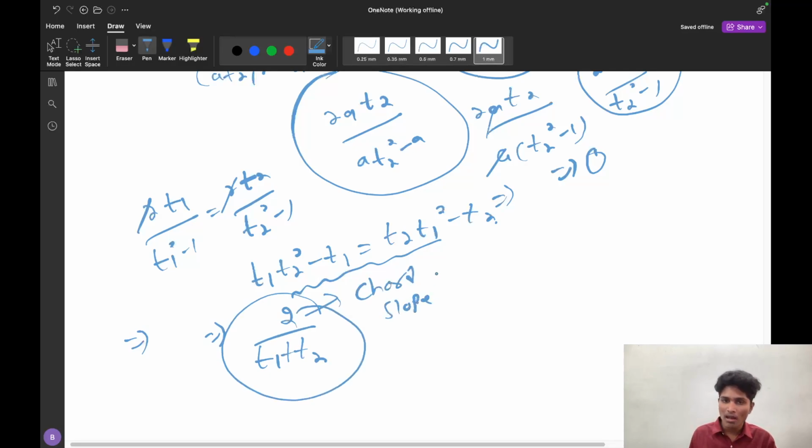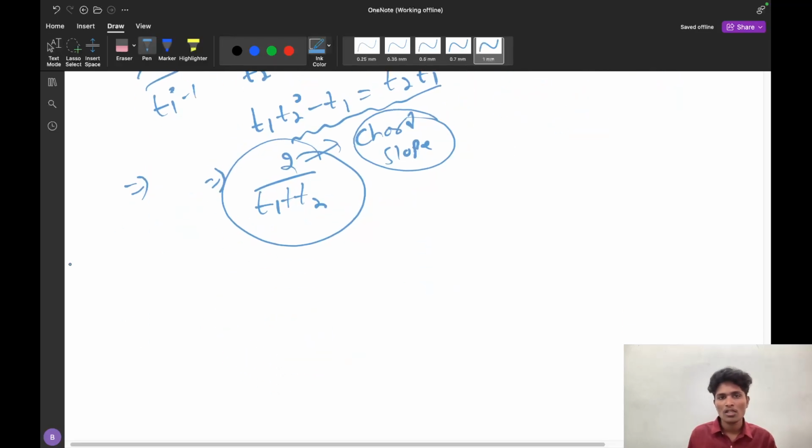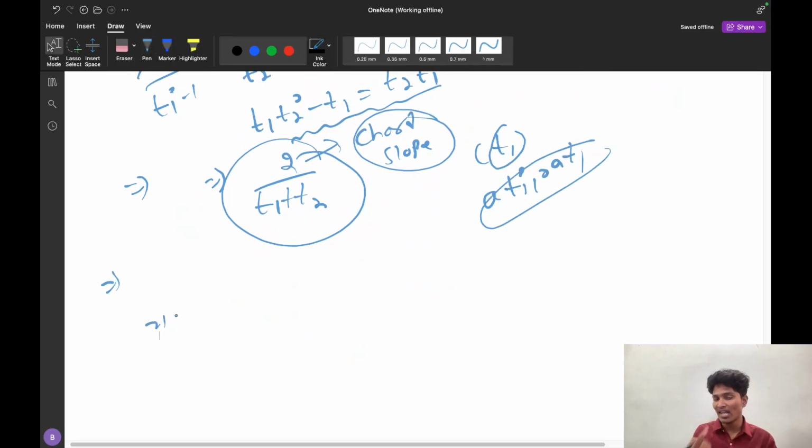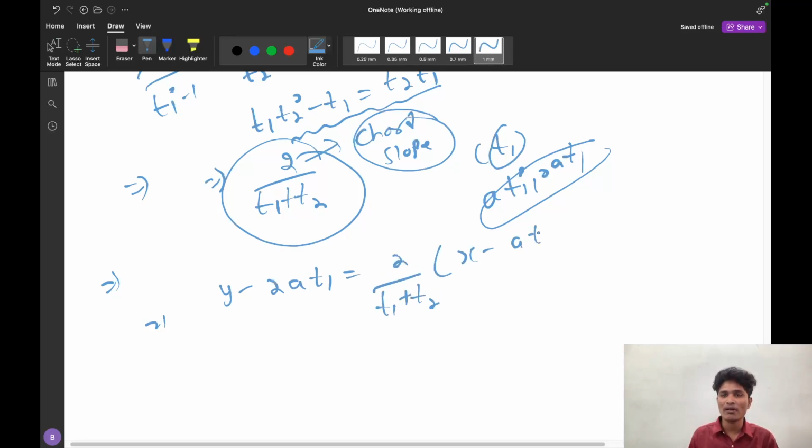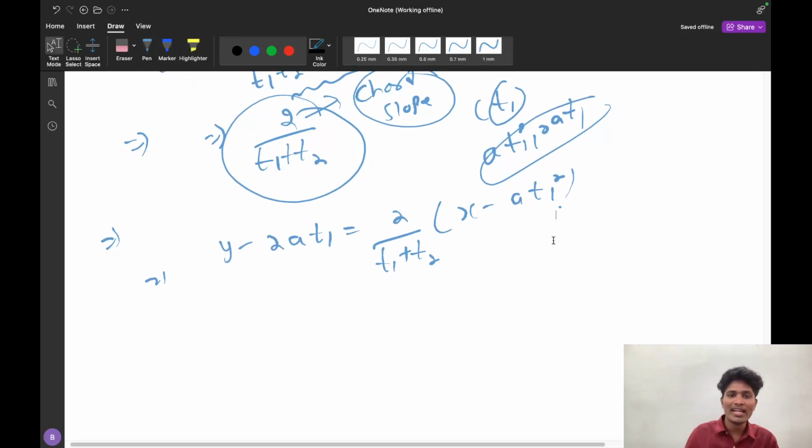Now it becomes a focal chord. With the help of the t1 parameter, if I write the point a t1 square comma 2a t1 and find the line, it should pass through the focus. So I will write that line: y minus 2a t1 is equal to slope, that is 2 by t1 plus t2, into x minus a t1 square. Here it should satisfy a comma 0.